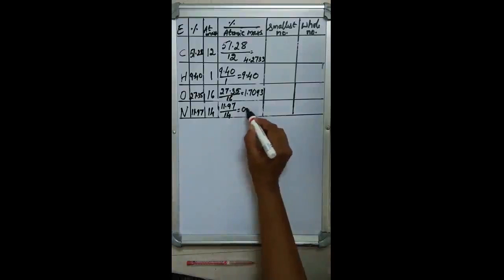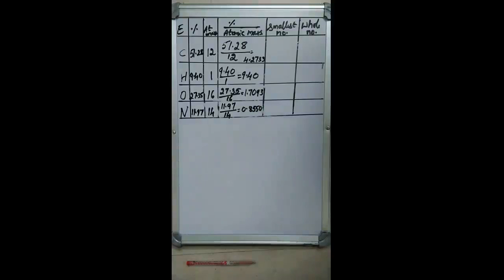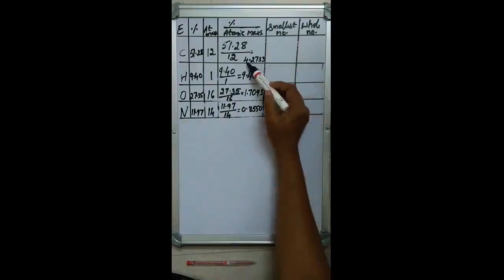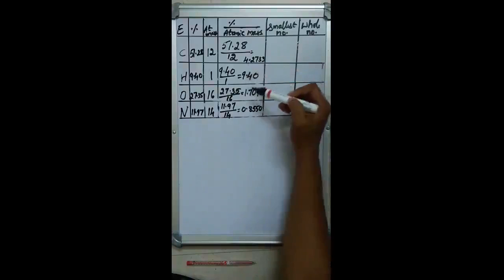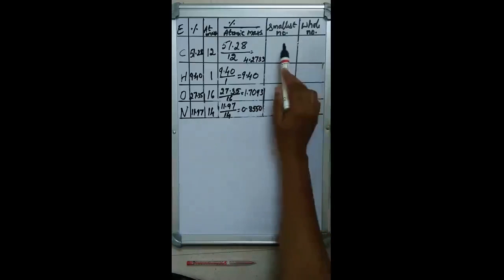That is 0.8550. Okay, so after the point, how many digits should be there? 4 digits should be there. Okay, now these are the answers: 4.2733, 9.40, 1.7093, 0.8550.